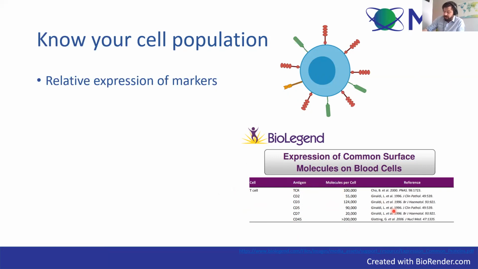You could find this out yourself: get some antibodies for the markers you're interested in, all of them with the same fluorophore. Stain them all, run them all, and see which one is the brightest. The one with the highest relative fluorescence is the most abundant, the lowest is the least abundant. So that's important to know, and again, we'll see how that fits in with the brightness levels later on.